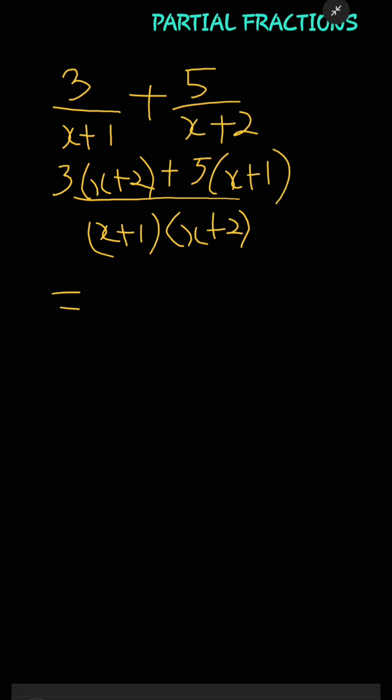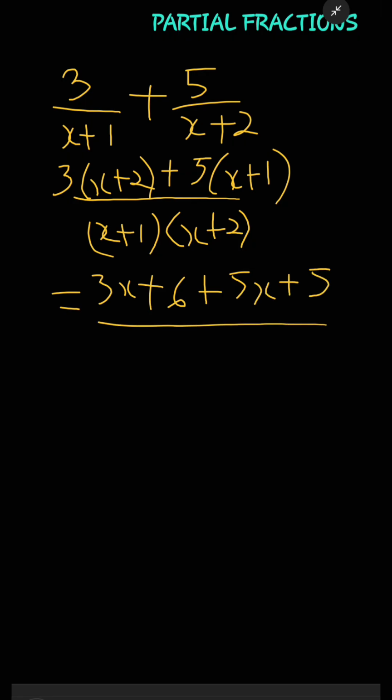So simplifying, 3 times x we'll have 3x, 3 times 2 we have 6, plus 5 times x we have 5x, 5 times 1 we have 5, all over x plus 1, x plus 2.